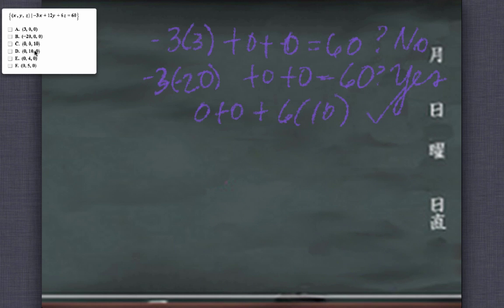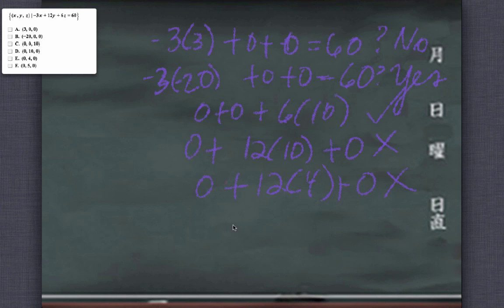The next one we would put in 10 for y, so 0 plus 12 times 10 plus 0 does not equal 60. Then we would put in 4 for y, 0 plus 12 times 4 plus 0 also does not equal 60.